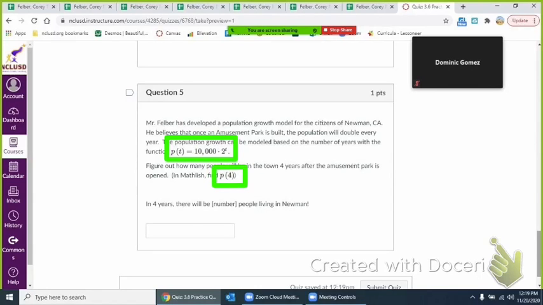Now we're plugging into a function. What this should look like when you start your work, P of 4 would be 10,000 times 2 to the 4th power. Notice we're plugging the 4 in for the variable.